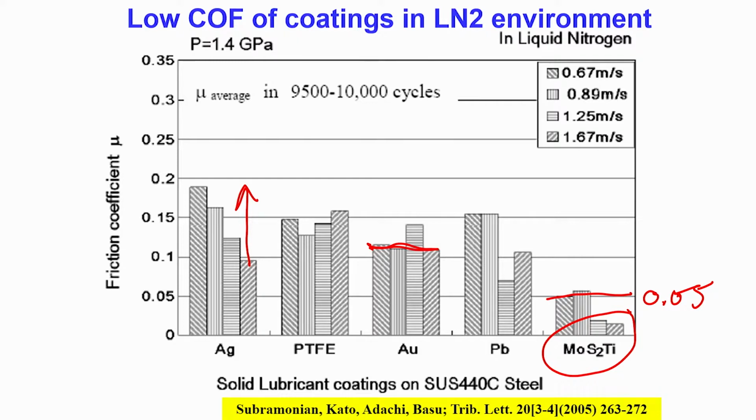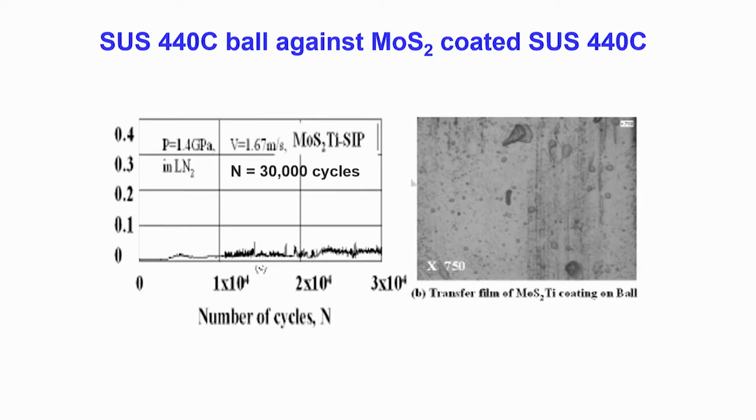This is the average mu over 9,500 to 10,000 cycles, and the different bars indicate the sliding speed that you use in your sliding experiments. Now individually, if you look at the different material combinations, the MoS2 titanium coatings experience an extremely low coefficient of friction of 0.05, and here we can clearly see the transfer film on this material.